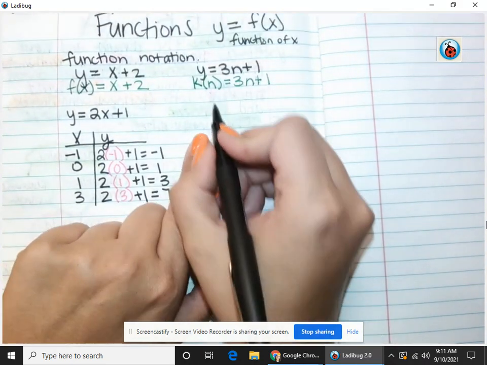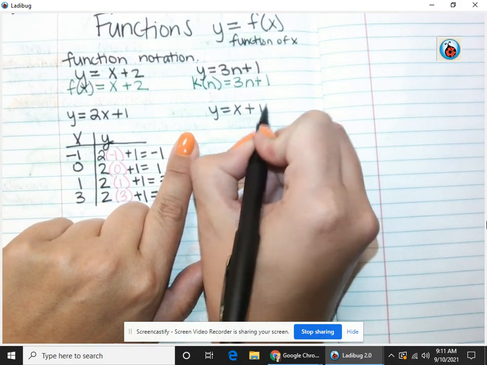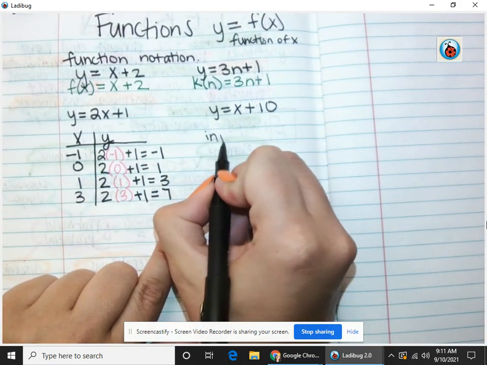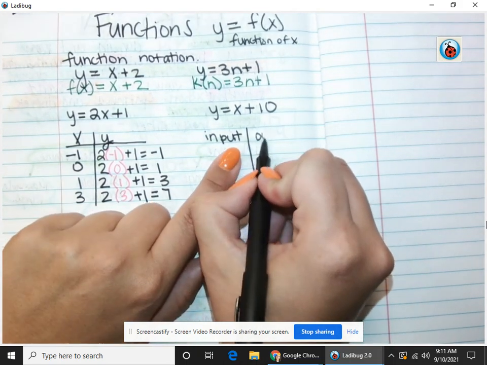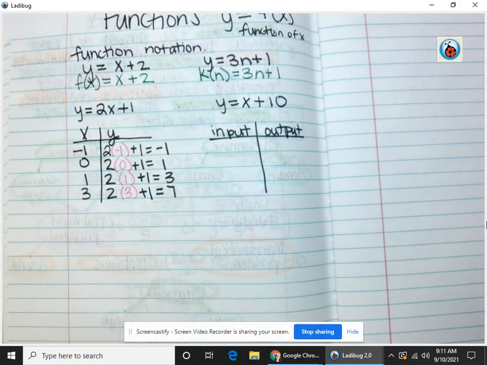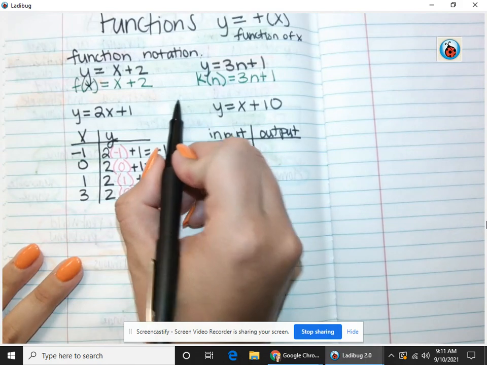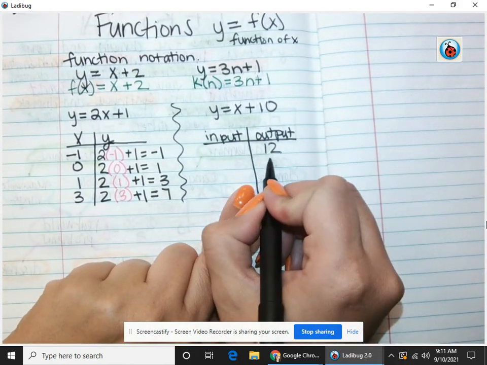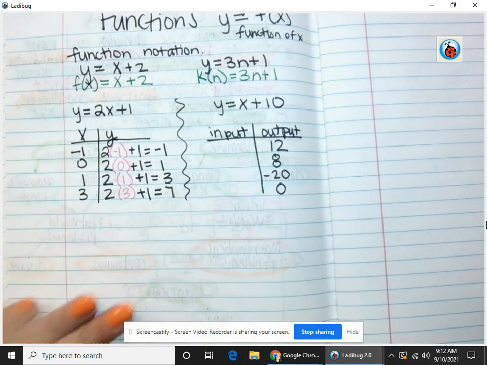If you have your y values, you can figure out your x values. So if y equals x plus 10, and I've got my input and my output, which just means x and y, but this time I have my y values as 12, 8, negative 20, and 0.